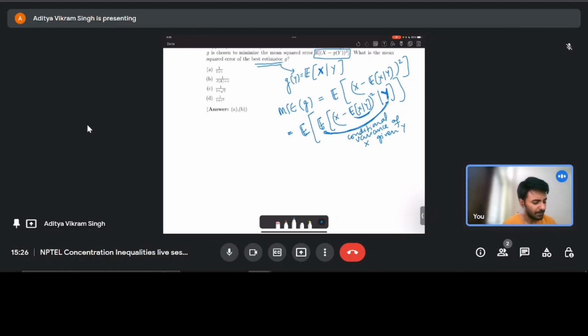So let's compute p of x given y. What is p of x given y? We'll apply the Bayes rule. So we have p of y given x times p of x by p of y.